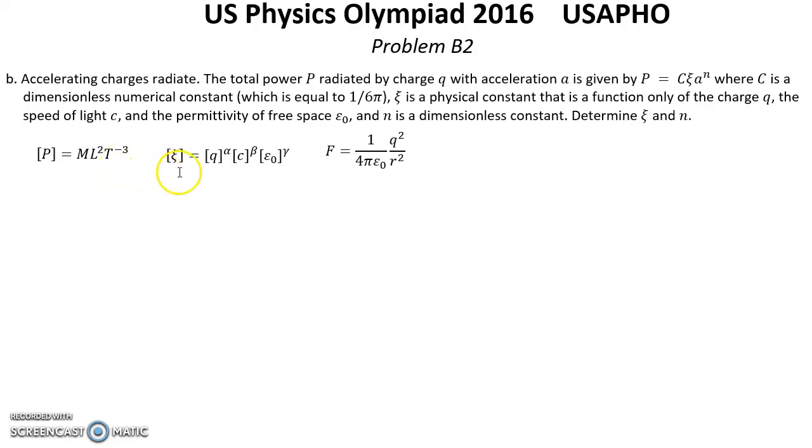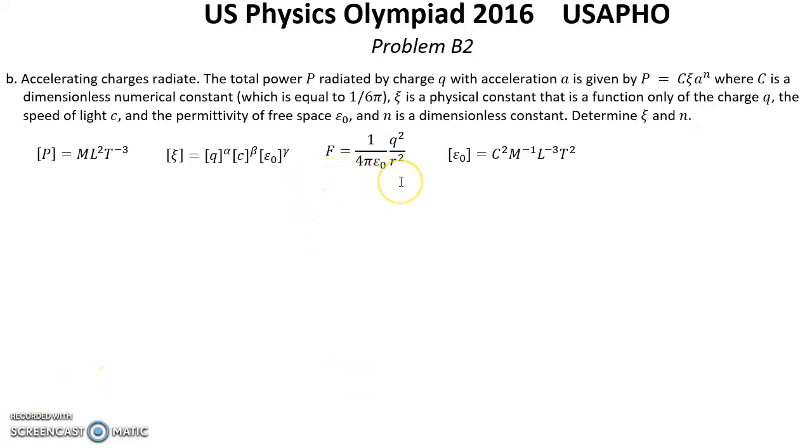The dimension for xi is q to the power alpha, c to the power beta, and epsilon 0 to the power gamma. For q and c, it's easy to count the dimension, but for epsilon 0 we have to use this formula to find its dimension.